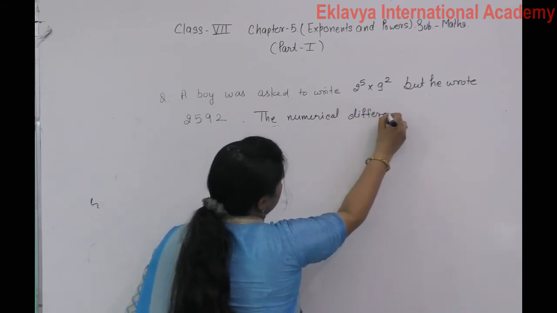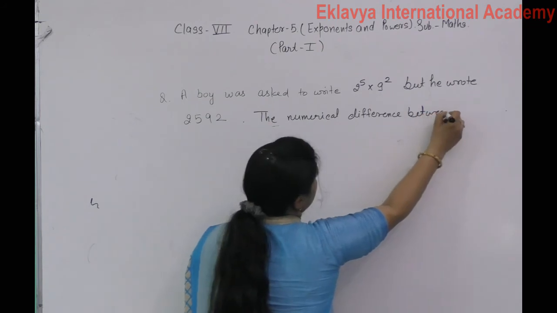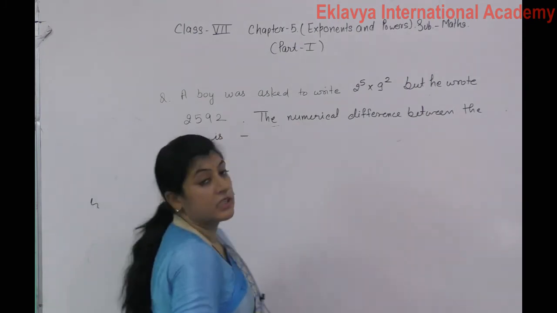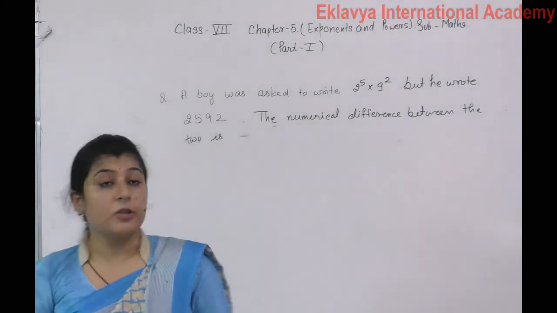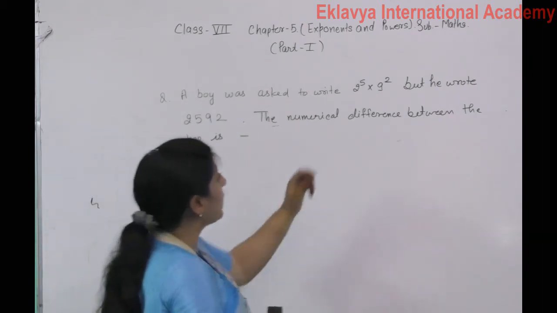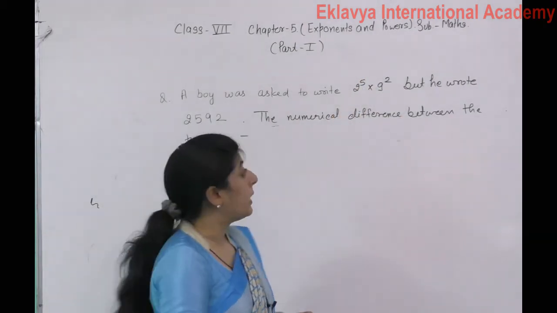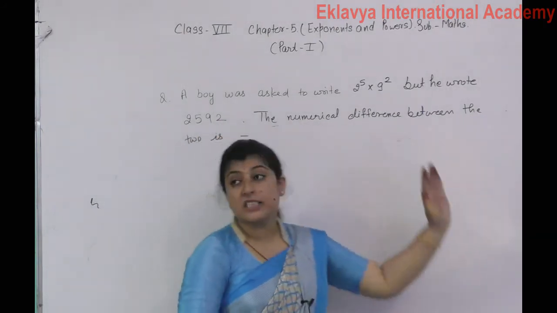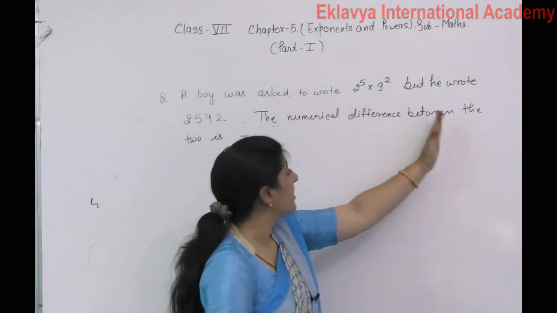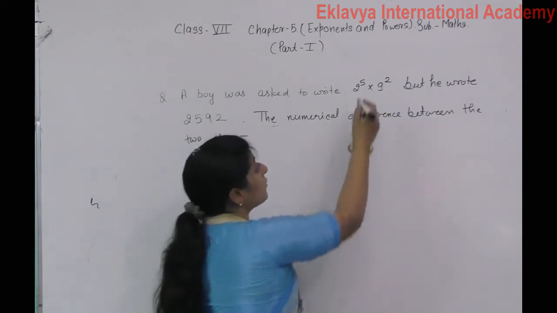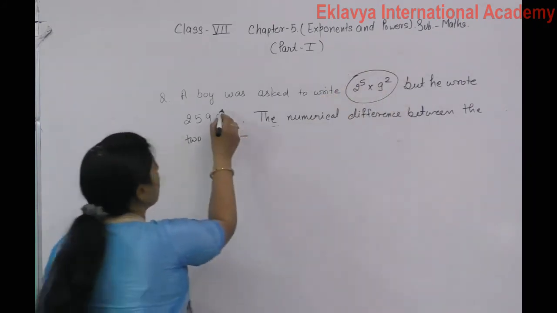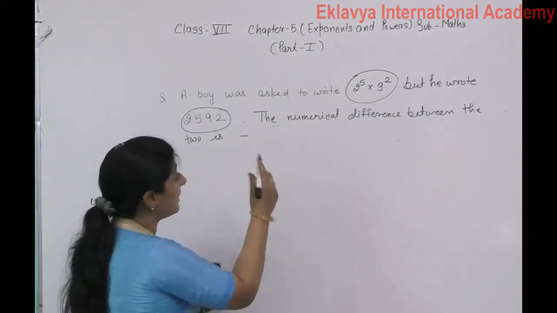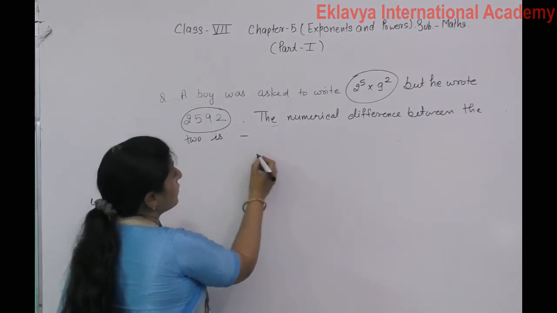In this question, see what is given to you. The boy was asked to write 2 power 5 into 9 power 2, but he wrote 2592. We have to find the numerical difference between the two values, this one and this one. What is the difference between these two values? Firstly find out what the boy was asked to write, it means the correct value.